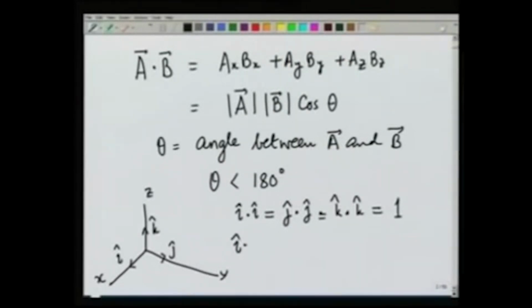Similarly, i dot j is 0, so is j dot k and so is k dot i. Notice that the dot product or the scalar product can be both negative and positive, because cosine theta can be negative or positive.